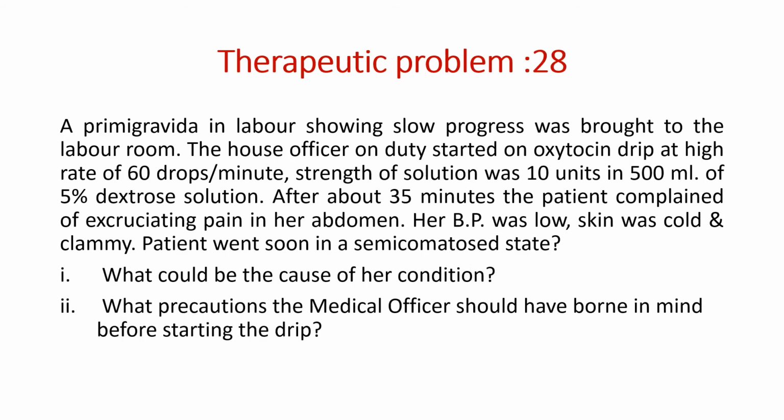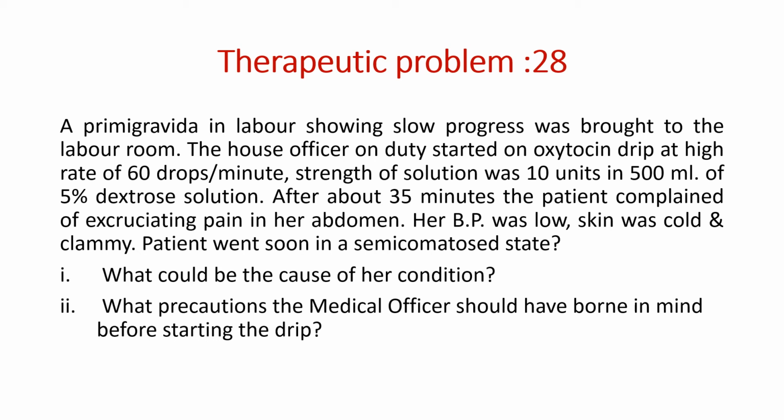Moving towards our next therapeutic problem. A primigravida in labor showing slow progress was brought to the labor room. The house officer on duty started an oxytocin drip at a high rate of 60 drops per minute.